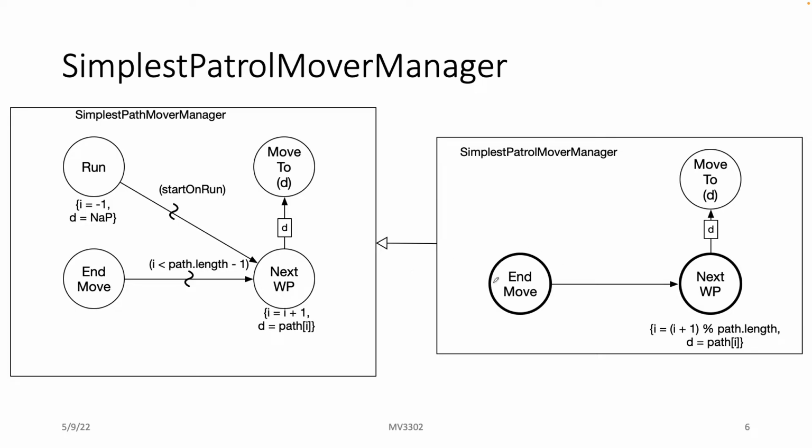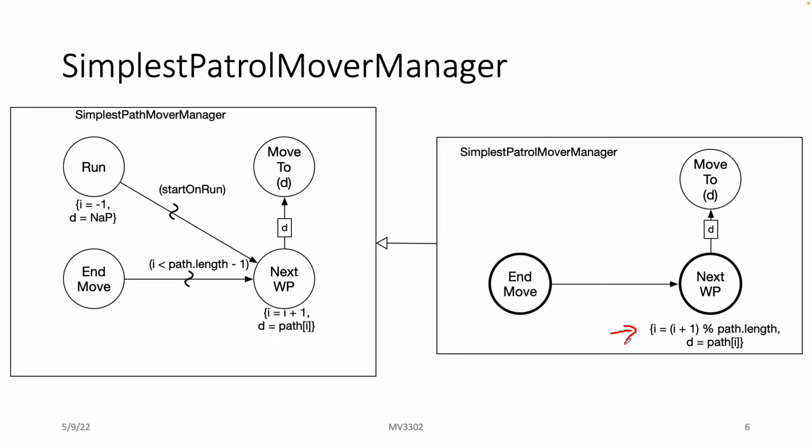What we're going to do is completely override the end move event by scheduling the next waypoint event unconditionally. The main difference is the state transition for the next index is not just to click it up, but to click it up modulo the length of the path.